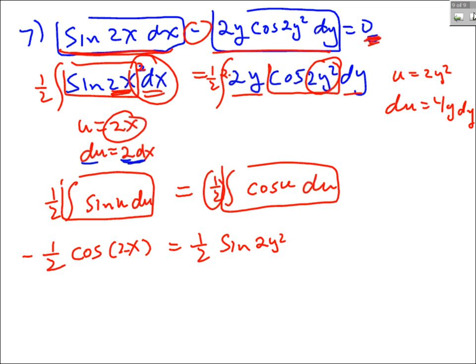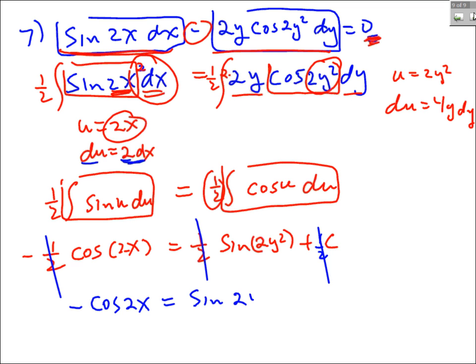And u is 2y squared. Plus a constant. You can always see a half there if you like. I'm going to kill off a half everywhere. So I have negative cosine of 2x is sine of 2y squared.